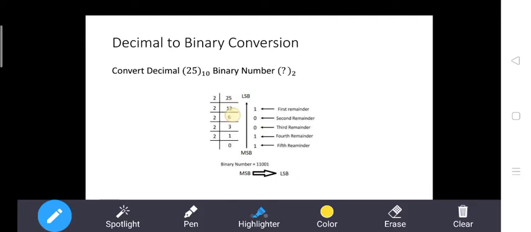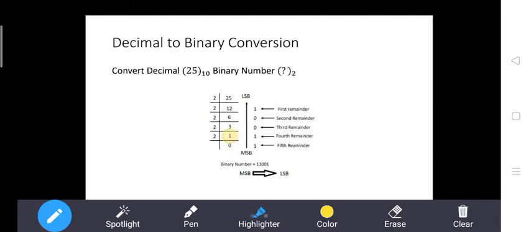Next, 6 divided by 2, answer will be 3. 3 into 2, 6. 6 minus 6, remainder will be 0. Next, 3 divided by 2, answer will be 1. 2 into 1, 2. 3 minus 2, remainder will be 1.